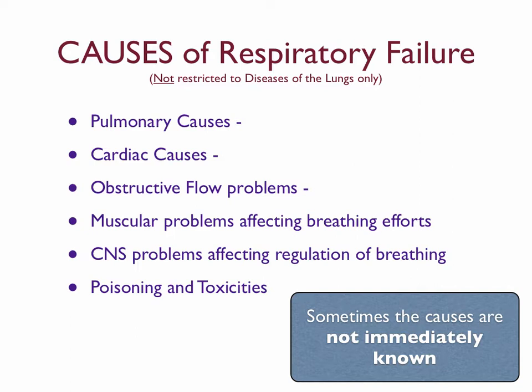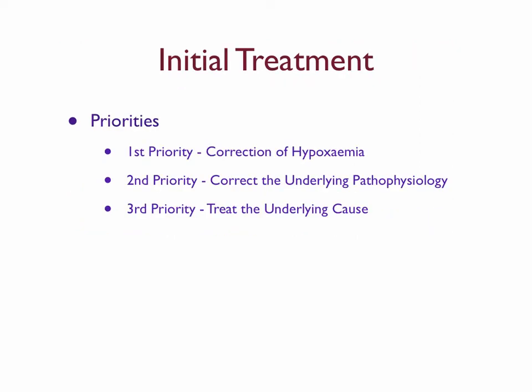Very often, the causes are not immediately known. So, even though we do not know the causes, the initial treatment of these patients is very similar, and it comes in a series of priorities. The first priority in all these patients, regardless of the cause, is to correct hypoxemia, because hypoxemia is the predominant cause of immediate death.